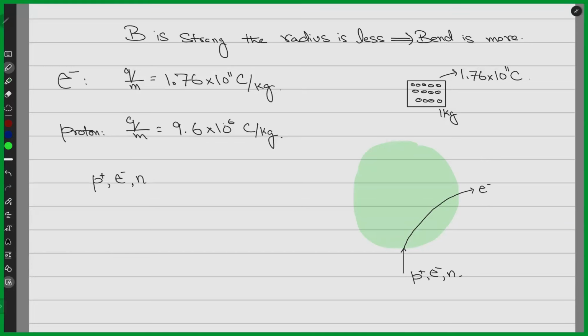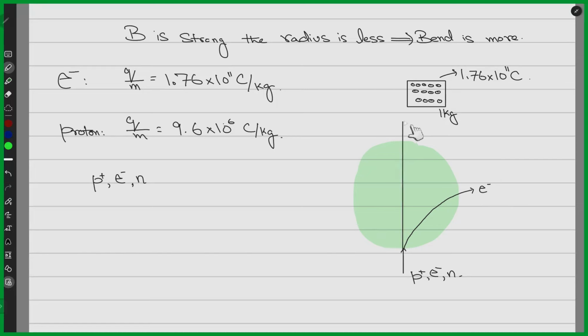Can you now tell me what would be the path of the proton, and then the path of the neutron? The neutron will travel straight, so it would go like this.